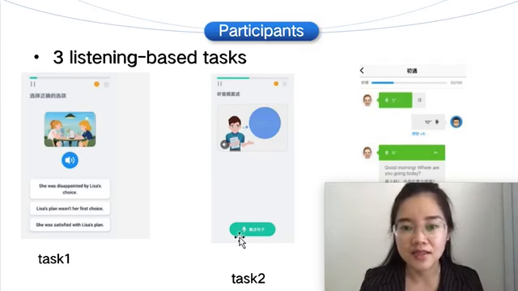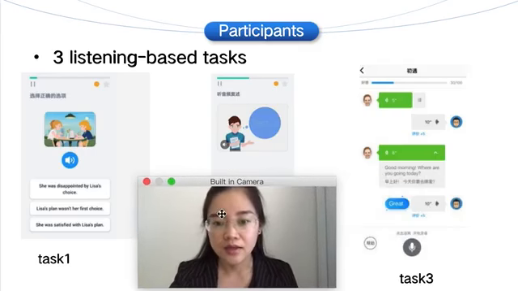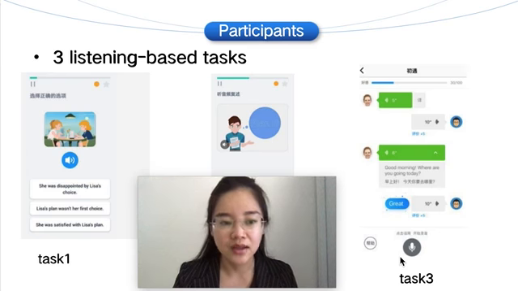And task 3 is a human-computer dialogue task, where the learners had to respond to pieces of information they heard before. Their spoken outputs in both Task 2 and Task 3 were graded according to the quality of their pronunciation and whether their utterances matched exactly the prescribed sentences. Each lesson required the learners to study for at least 30 minutes.